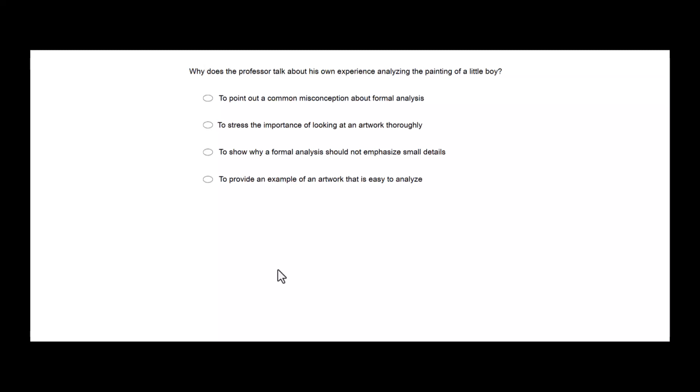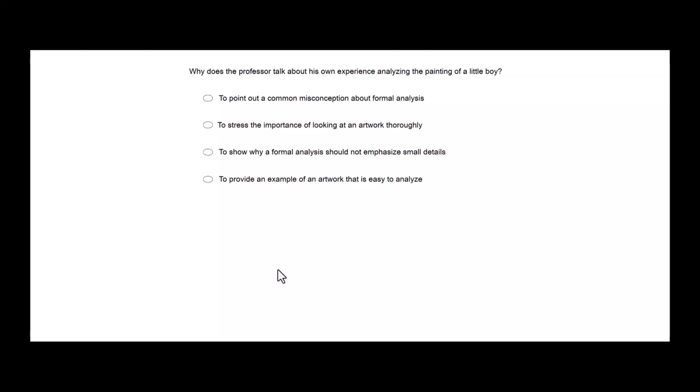And the last one, to provide an example of an artwork that is easy to analyze. No, the professor never mentioned his personal experience to demonstrate that some artworks are easy to analyze.